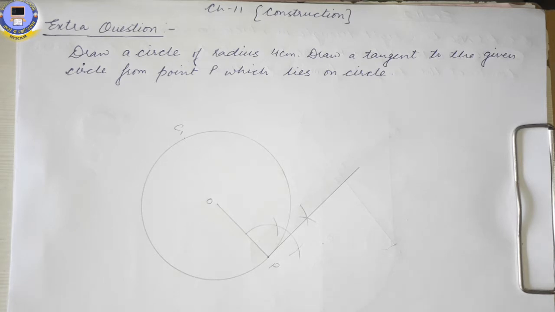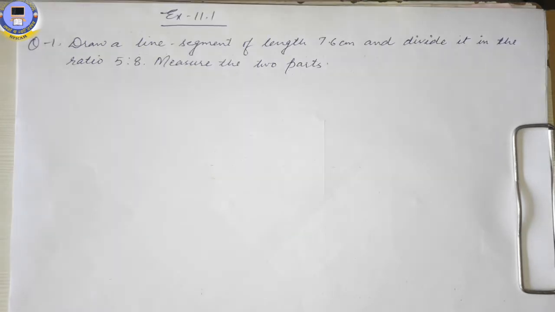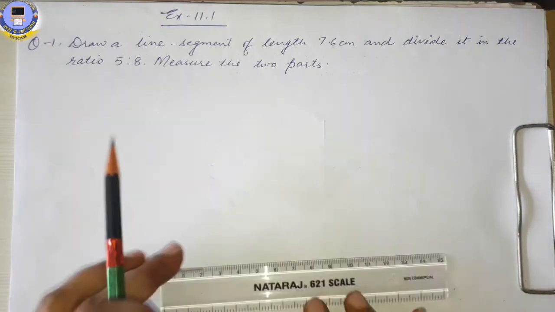Now we will study first question of exercise 11.1, how to divide a line segment internally by second method. As one student was having doubt in that question, that's why I am telling you again. So take out your NCERT book and exercise 11.1 first question you have to read. See, in this question it is given that draw a line segment of length 7.6 centimeter.